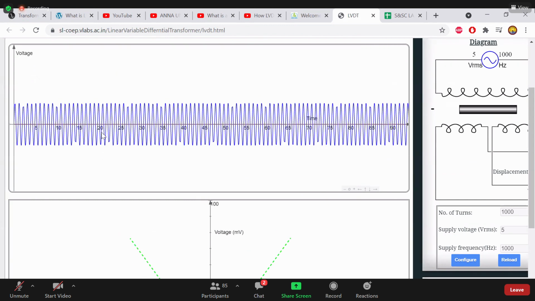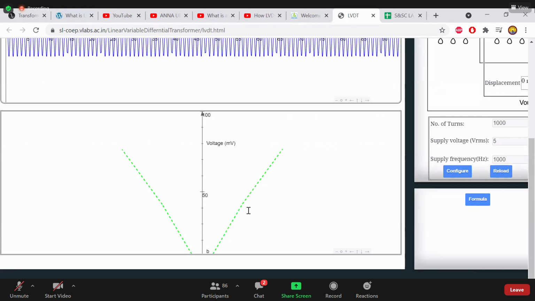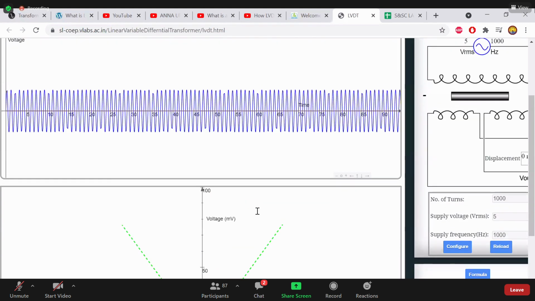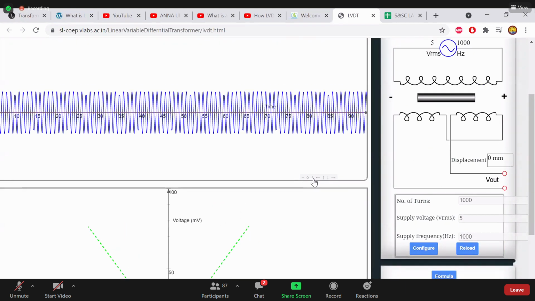This blue color one is input wave, and here we have a graph to represent output voltage. Students, observe here.